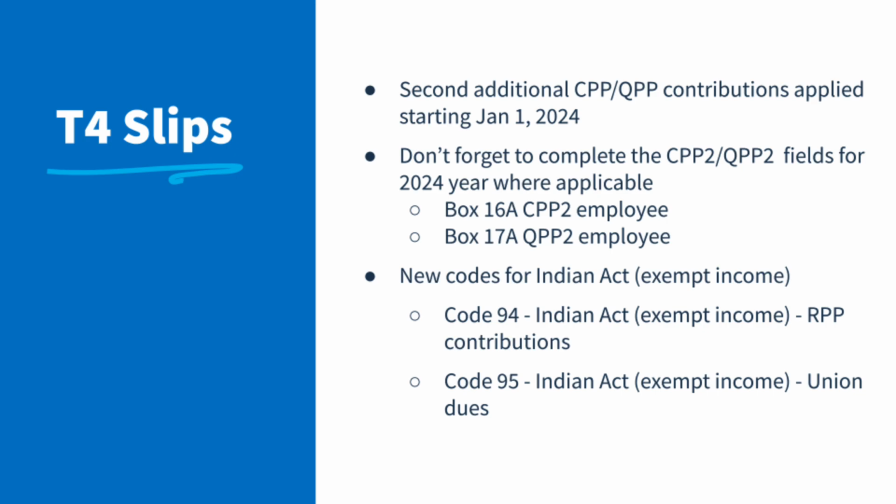And also there are a couple of new codes for reporting related to exempt income under the Indian Act. So that's code 94 for CPP contributions and code 95 for union dues. And that is for employment income that is tax exempt and reported in code 71.